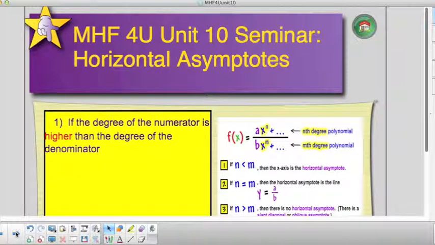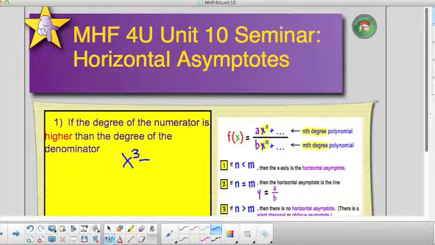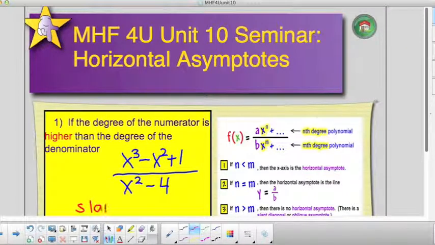In this case there are no horizontal asymptotes. So if we have x cubed minus x squared plus 5 over x squared minus 4, the degree of the numerator is higher than the degree of the denominator. Then there is no horizontal asymptote. What is going to take place in this situation is a slant asymptote.